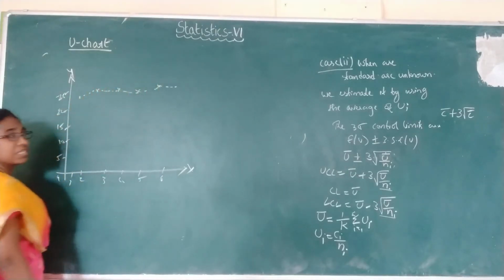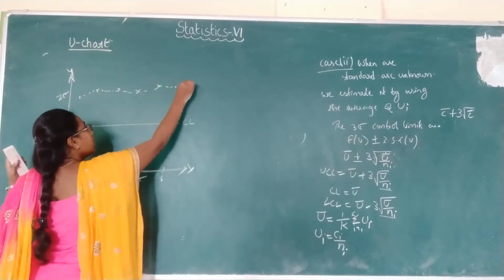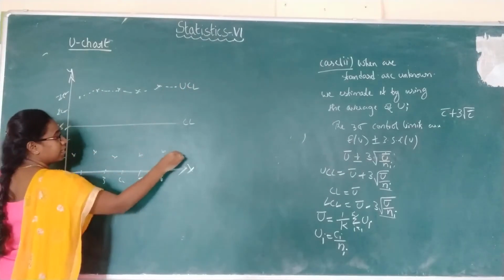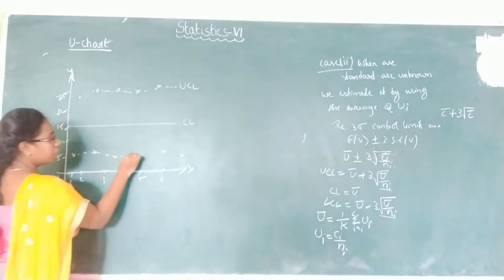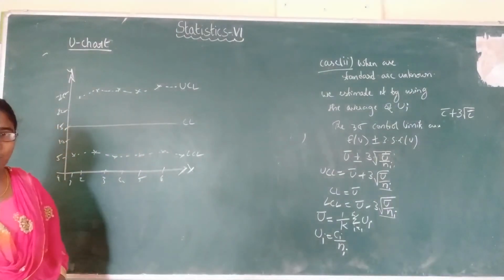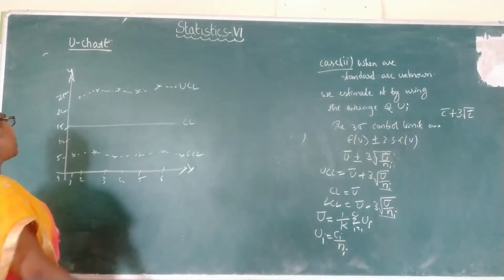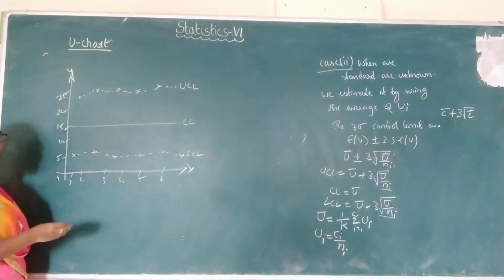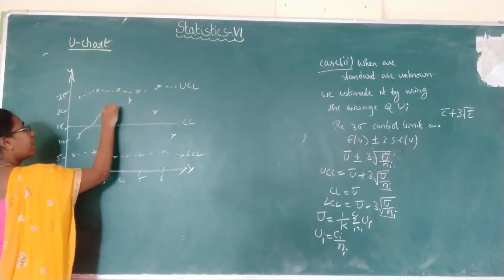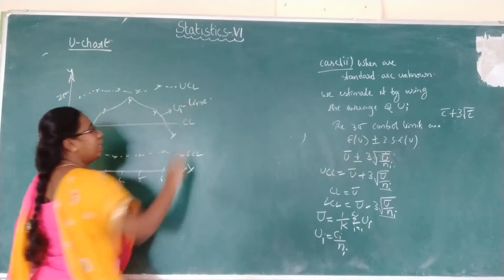You will get the UCL as a curve-like shape, CL is constant, and you will get the LCL value something like this. Join it with a dotted line and you will get the LCL. Wherever the LCL value is negative, that will be regarded as 0 as usual. Then you will be plotting only the ui values. If you plot the ui values, you will get a graph for the ui values. This is called the ui line.